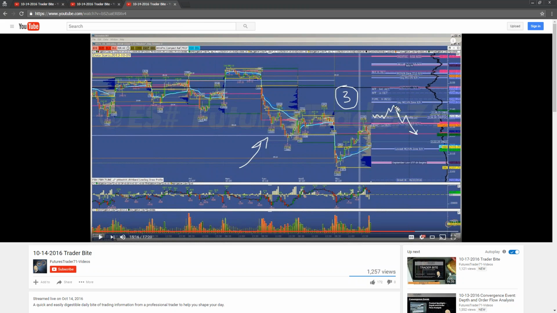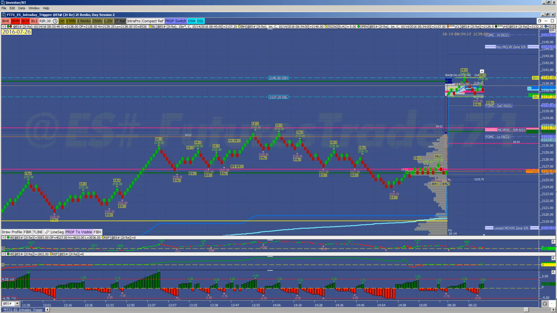If neither one of those happens and it rolls over, then I'm looking at hypo 3, and I'm going to be short. I'm going to be stalking short. Just knowing which side I want to be on is actually putting me ahead of all the other traders who are just coming in and trading from their emotions or gut, right? So that's an important point to remember.